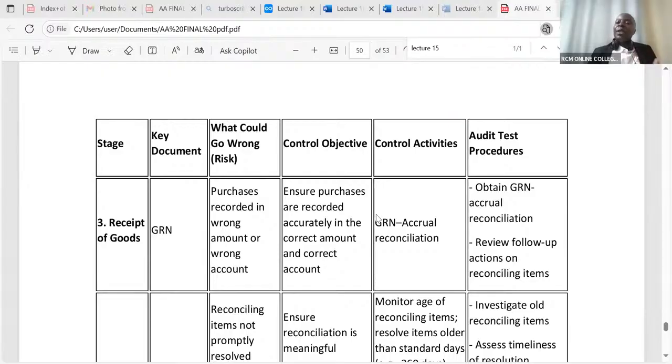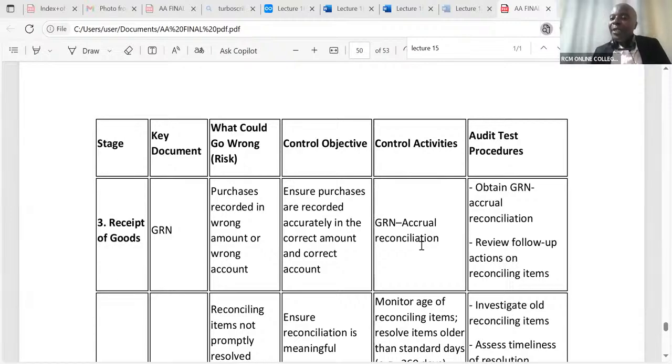Ladies and gentlemen, what control activities do you expect here? As an accountant, remember we said, when you receive these goods, if they are goods for resale, you shall debit the purchases account. And remember here you have not paid, so you credit the accruals account.